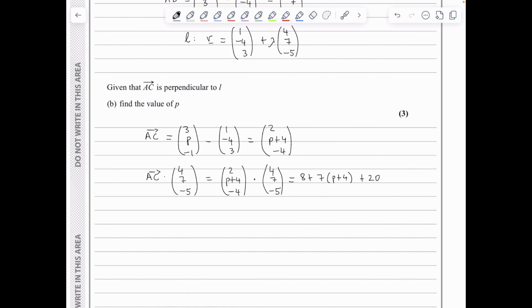So I will proceed in simplifying things. We are looking at 8 plus 7P plus 28 plus 20, which further simplifies to 7P plus 56. We know that this should be equal to 0 if the two directions are perpendicular. So we've got 7P being equal to negative 56, which means that P is equal to negative 8.